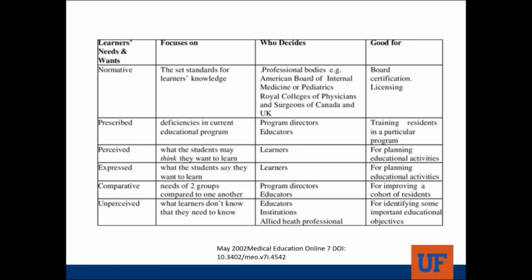There can be prescribed needs that relate to deficiencies in the current educational program, and for example, program directors or faculty development or professional development educators may identify those. There can be perceived needs, what the students think they want to learn, as well as expressed needs, what the students say they want to learn. And these may be similar, but may not be. There can be needs of two different groups compared to one another. And then the unperceived needs, what learners don't know and that they need to know.